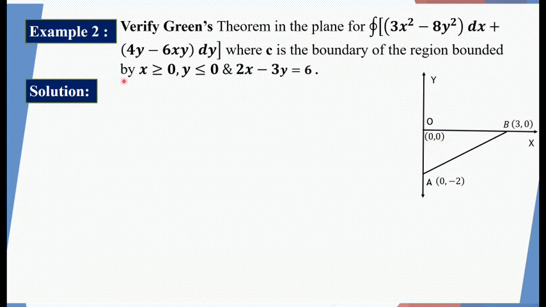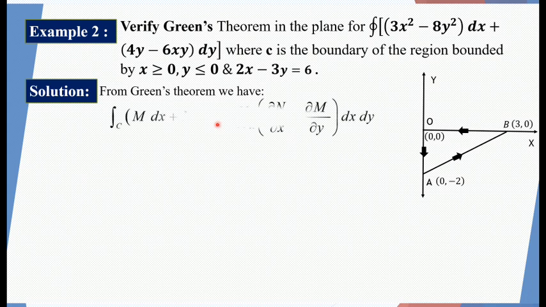Now according to Green's theorem, this is the relation between a single integral and a double integral. Single integral means this may be the line integral. So for the line integral, we walk along the lines either clockwise or counterclockwise: OA, AB and BO.